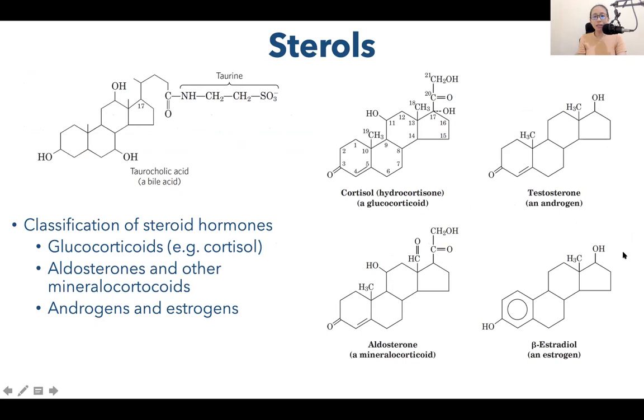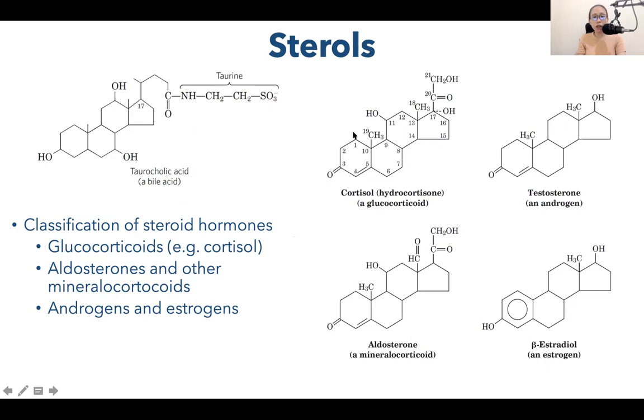And these are also precursors of your hormones. Yung mga steroid hormones natin, like your cortisol, which is a glucocorticoid. Of course, you have your testosterone, estrogen, which are your sex hormones. And then you have aldosterone, an example of a mineralocorticoid.